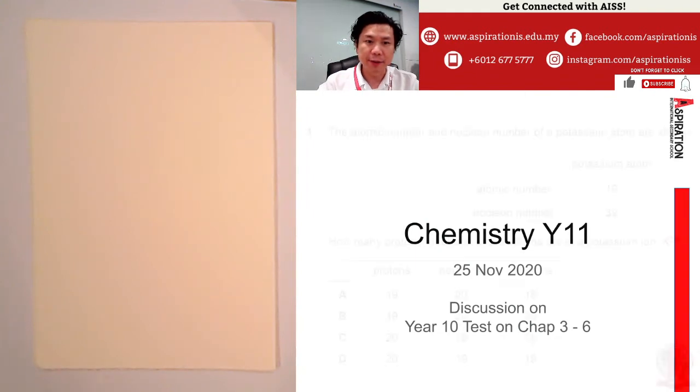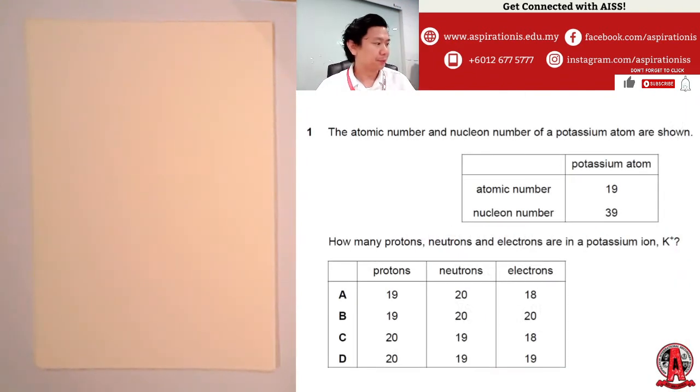So the first question. Do note that atomic number refers to the proton number, and nucleon number refers to the mass number.